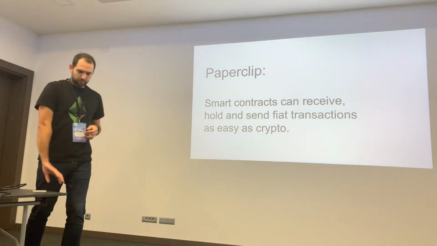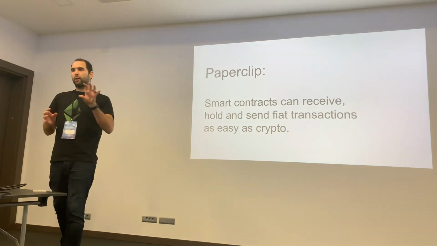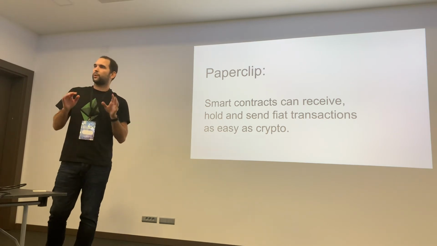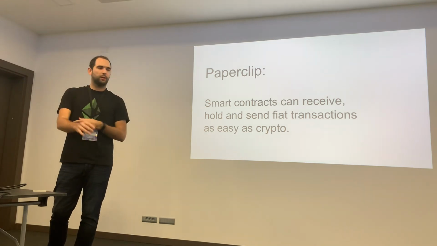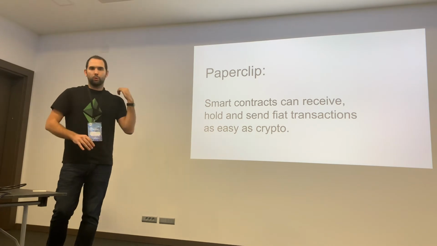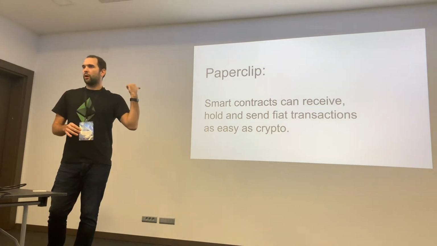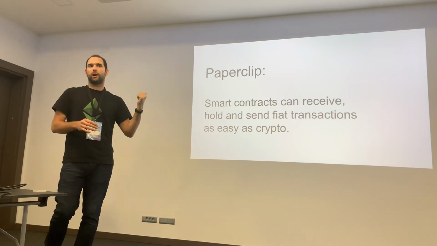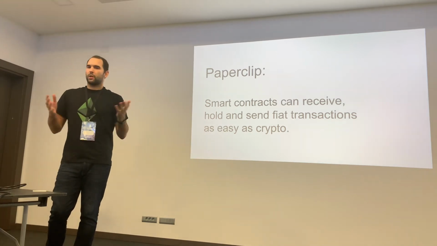So Paperclip is basically a project that tries to implement this exactly with bank accounts and fiat money. But the tools that we just described are applicable generally. Like, you can use this to hire somebody to, I don't know, go buy your groceries.